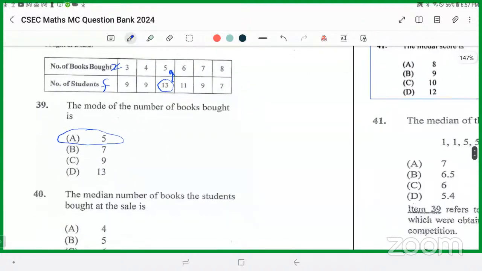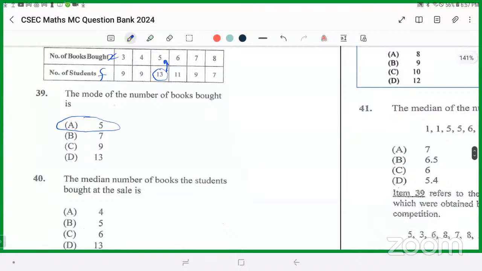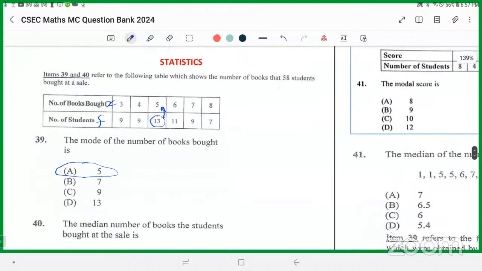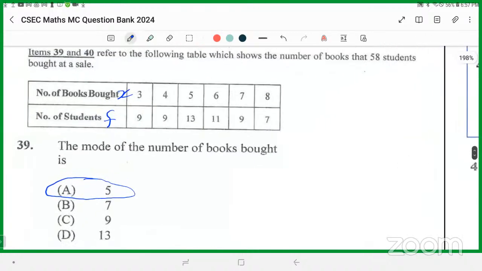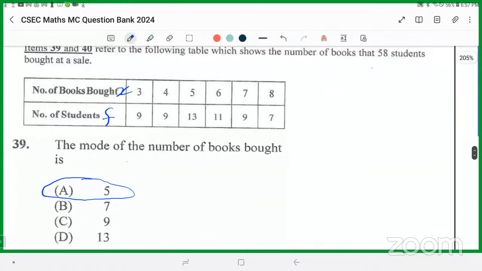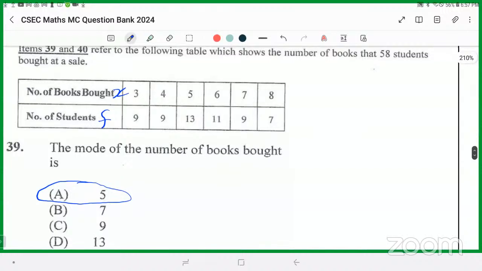Next part says the median number of books bought by the students. So there are 58 students, right? And the number of books bought are already in ascending order. So I'm going to zoom up and show you how you have to deal with this now. You basically want to count the number of students until you reach half of the 58.